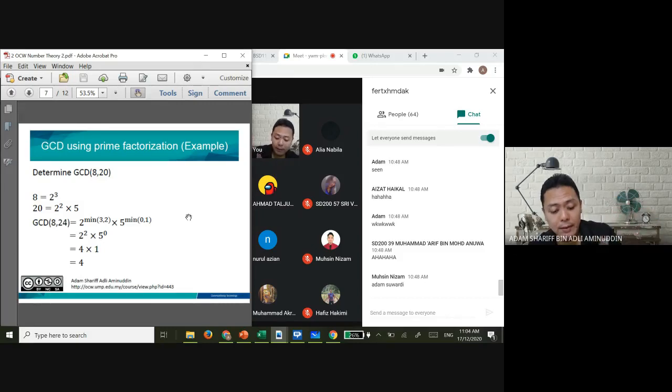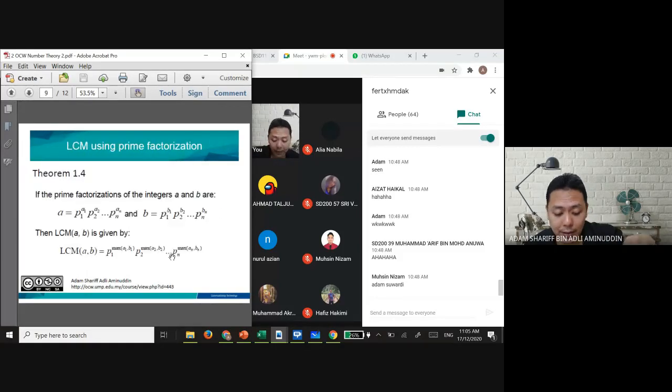Okay, and then you will get the answer. And if GCD is by using the minimum power, for LCM I directly say you just take the maximum. The first step is the same, you need to prime factorize and then combine them together into the power form. The difference is just maximum.